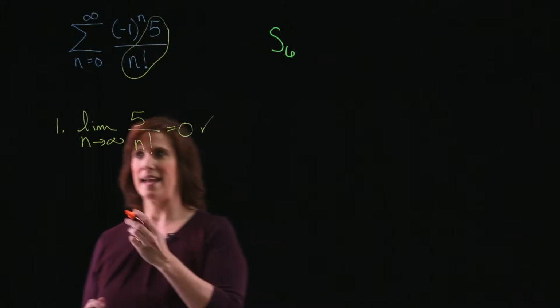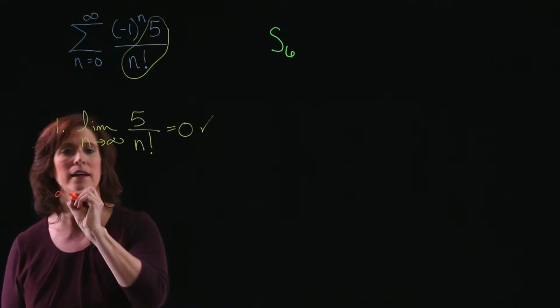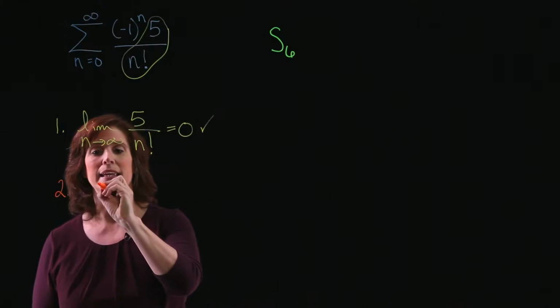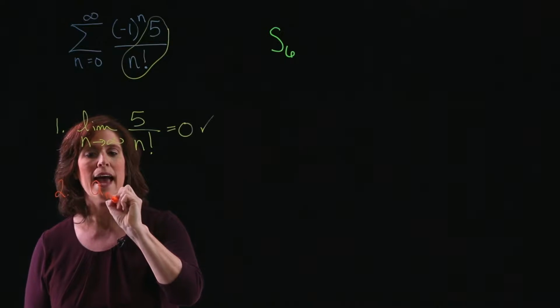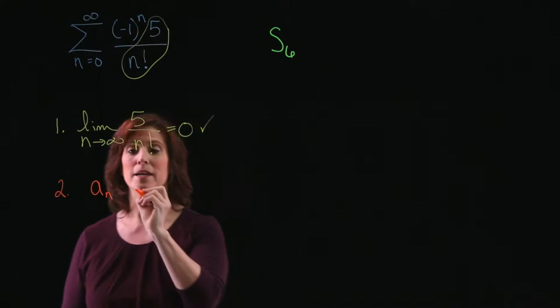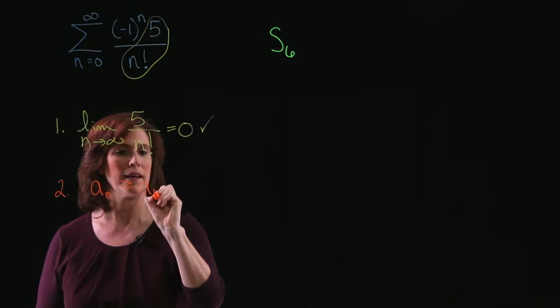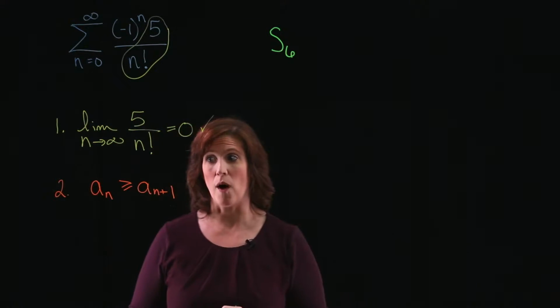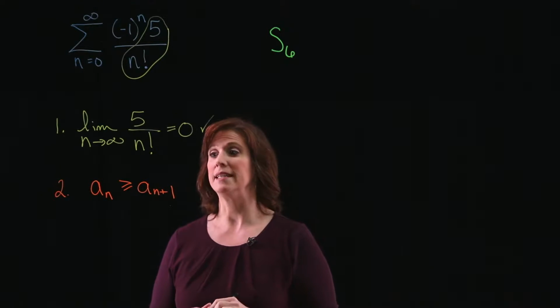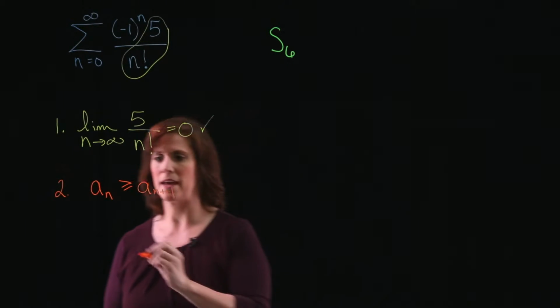The second thing that has to happen is that the a sub n term has to be greater than or equal to a sub n plus 1. All right, so let's see what happens in this particular case. Let's start with something I know.